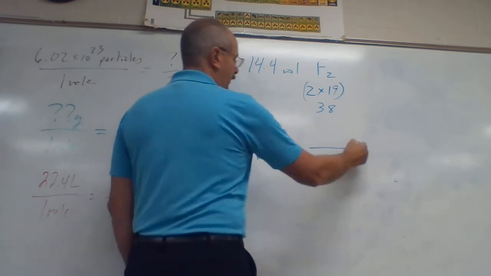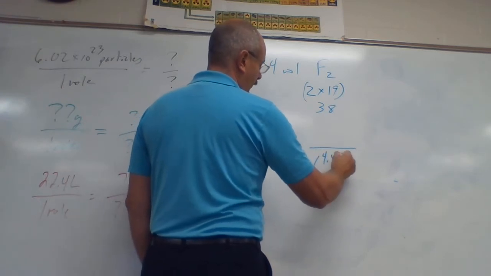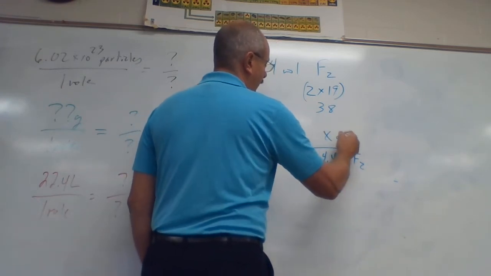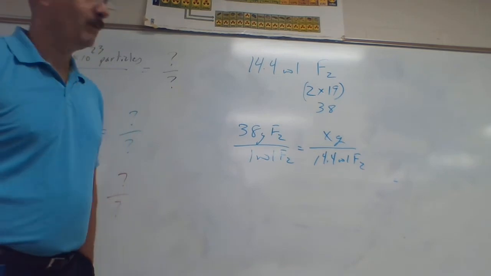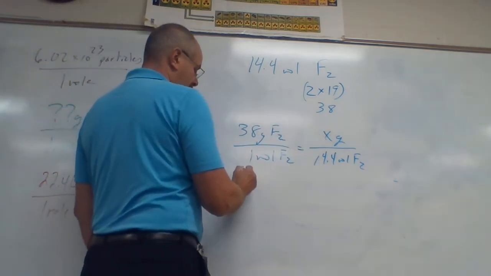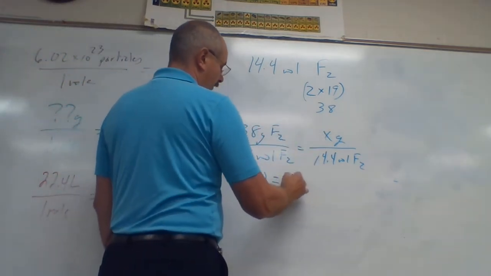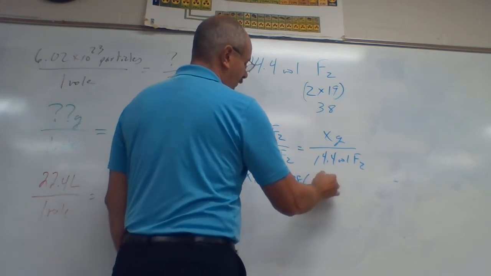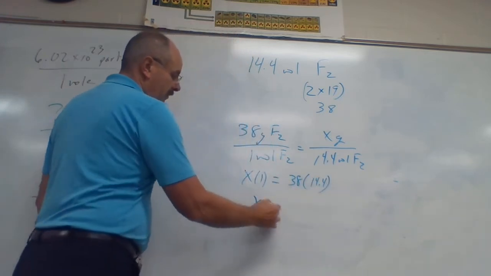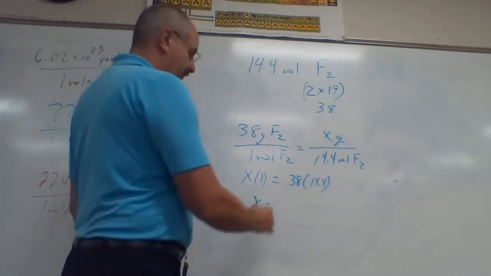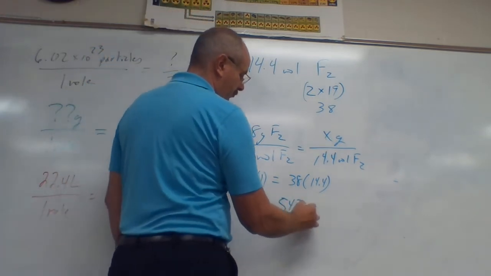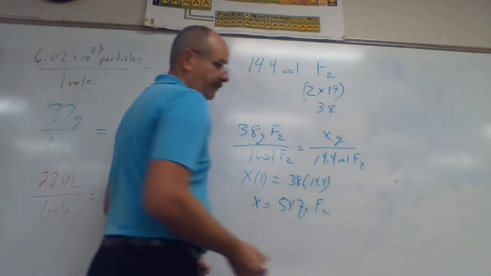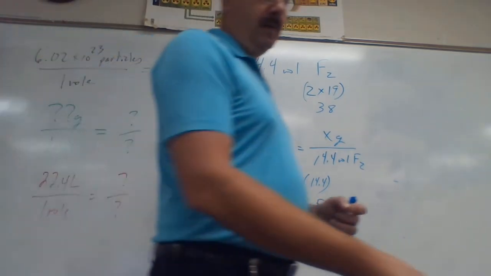But I got 14.4 moles of him. And we want to find out x grams of him. Cross multiply, x times 1 equals 38 times the 14.4. So x equals 547 grams of fluorine. All right, on to the next one.